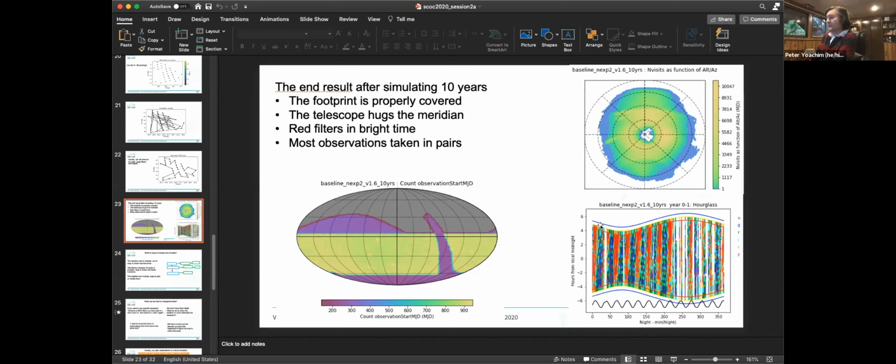So far, we haven't simulated a lot of different strategies for the first year. One of the constraints we're under is we almost always observe the first year and the last year very uniformly, so that we get proper motions down to the required precisions. We need that 10-year baseline to do proper motions. So pretty much we're going to try to cover the whole sky evenly in the first year and the last year.